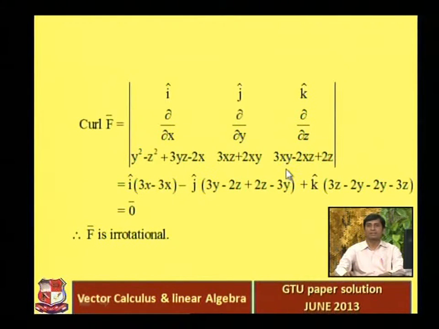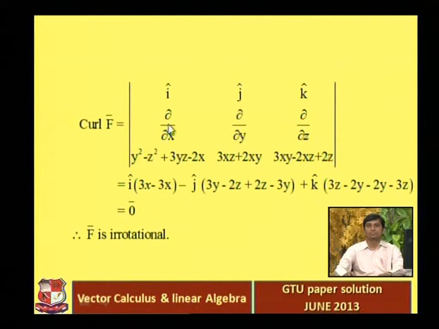So 3x, minus del by del z of the second term, 3xz plus 2xy, that is also 3x. So i into 3x minus 3x.